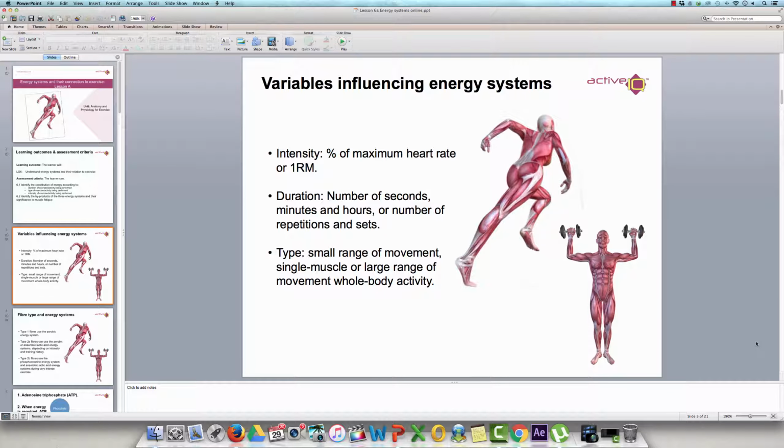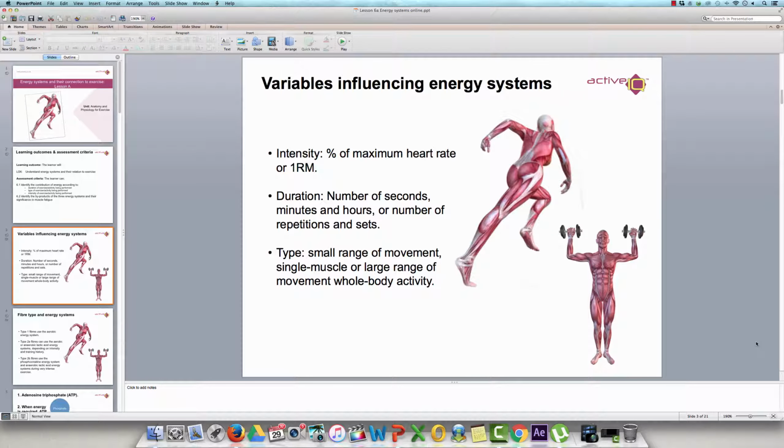Same thing with heart rate. If I'm on the treadmill and I'm walking and I class myself as being reasonably fit, I can probably walk steadily for a long time. If we start upping the speed and I'm going up to like 80-90% of my maximum heart rate, once again, that's going to mean that I'm using a different energy system because of the intensity that I'm working at.